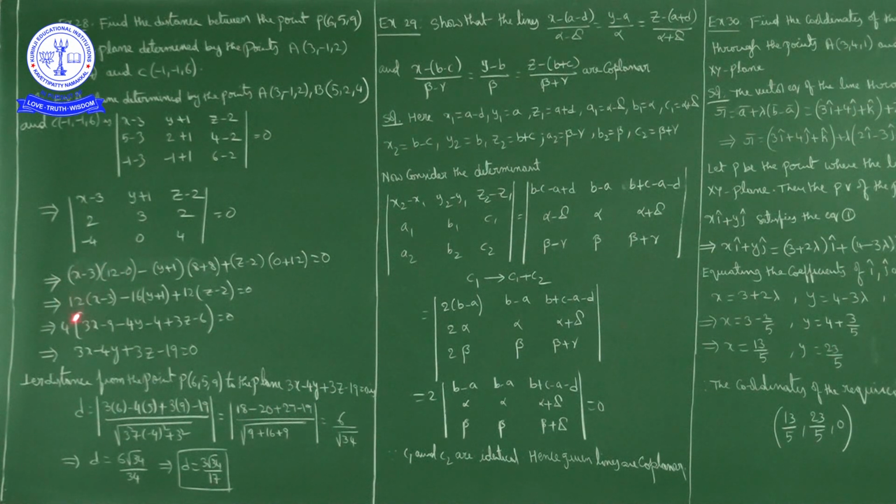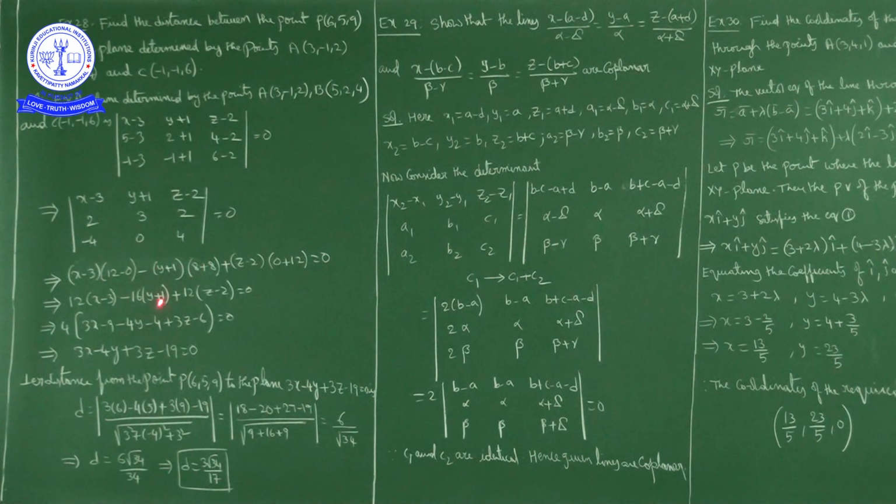So 12 into x minus 3, minus y plus 1 into first row second column closed: 2 into 4 is 8, minus 2 into minus 4 is minus 8, so minus minus plus 8. So nothing but 16 into y plus 1.